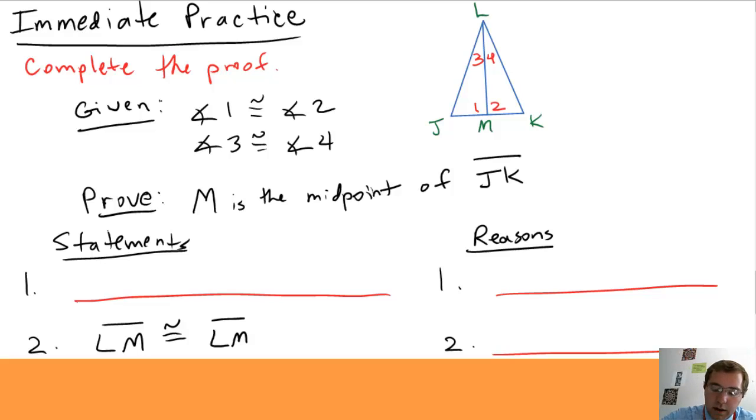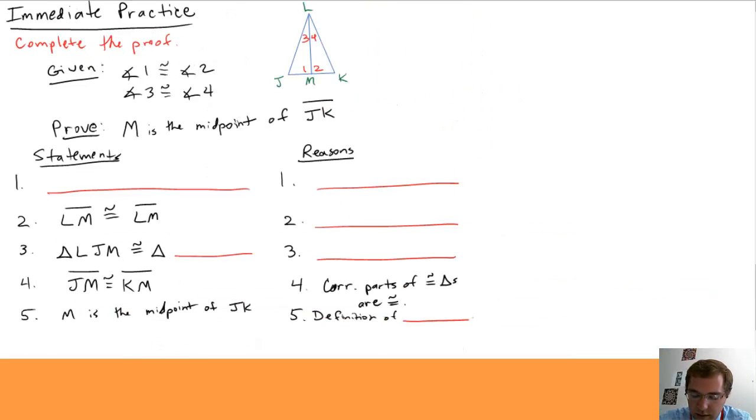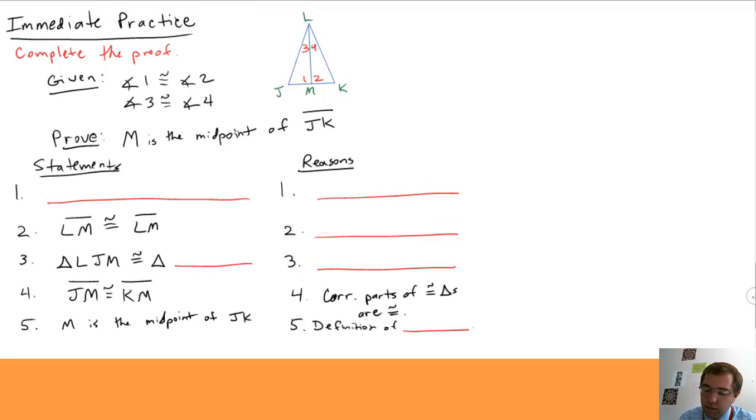Let me try to get all of this on the same screen here. There you go. You're going to complete that proof. So I left the first statement and the first reason blank. You need to fill both of those in. Second statement, that LM is congruent to LM. Give me a reason. Third statement, triangle LJM is congruent to what triangle?